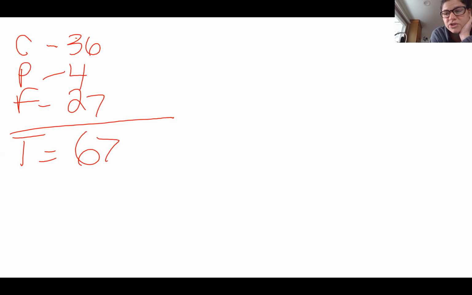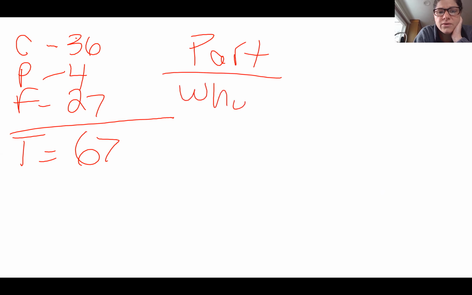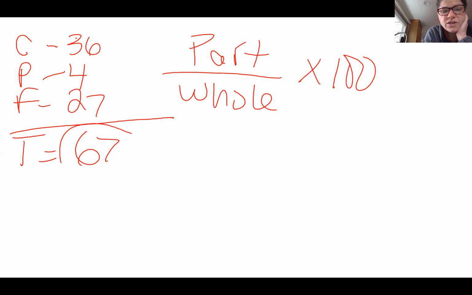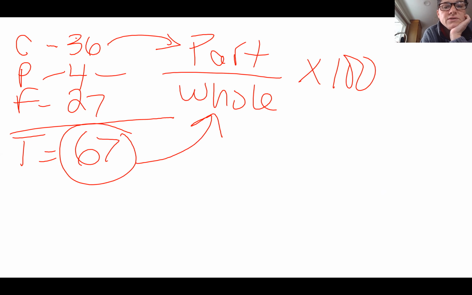Step 2 is just like you would do any other percentage. The easiest way is always the part over the whole times 100. The whole is always going to be 67, the total amount. And each one of these, 36, 4, and 27, are our partial amounts.